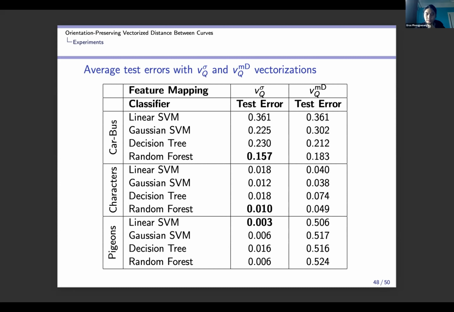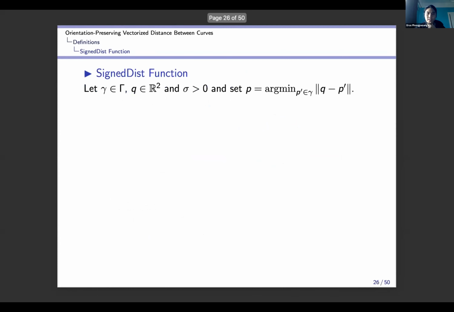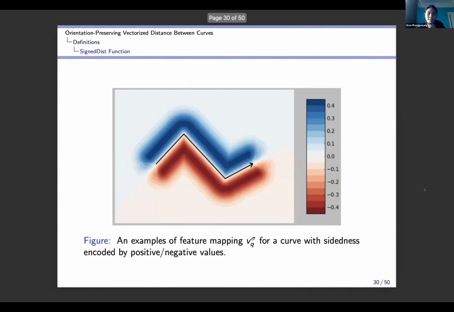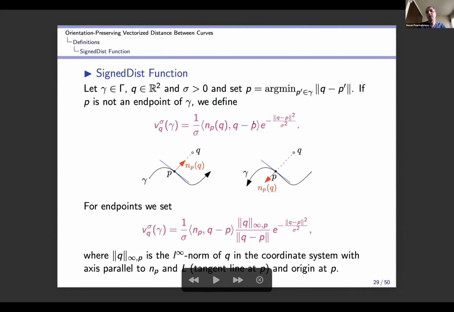Second question, on the graph with the red and blue distance map from the curve, I just noticed that the distance kind of goes to 0 once it gets really far from the curve. Why is that the case here? Exactly. Here, the value of our VQ sigma is 0 because of this property.